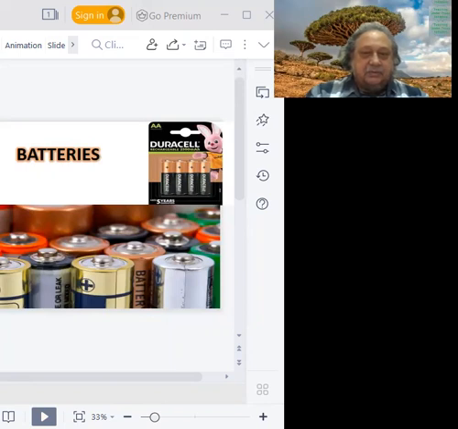Okay, so let's start from the basic concepts. A battery, what is it? A battery is a device that converts the chemical energy contained in its active materials directly into electric energy by means of an electrochemical oxidation reduction process, a redox reaction, in fact.